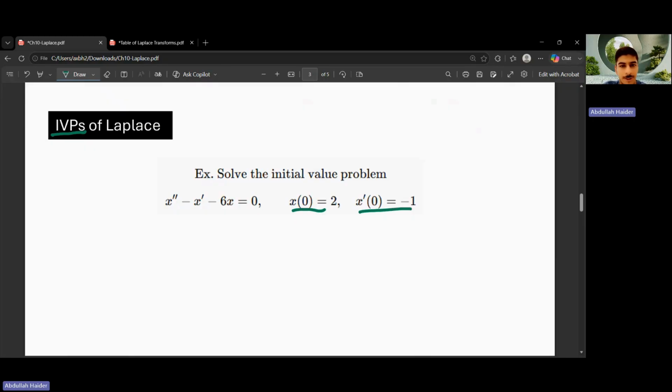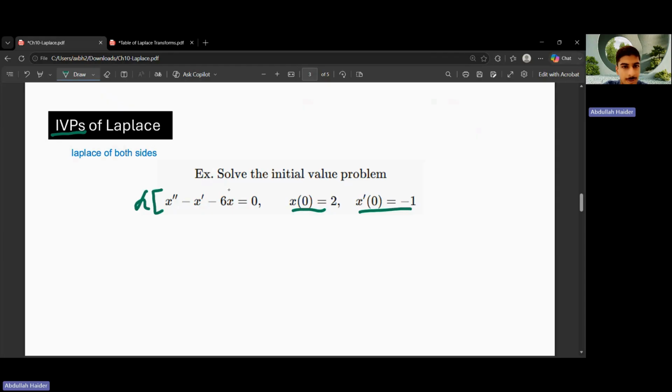So what you will do is take the Laplace of both sides.